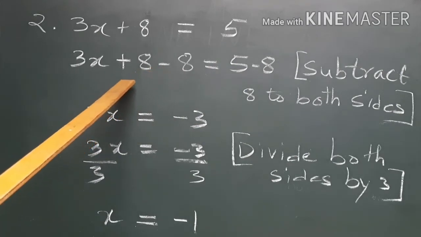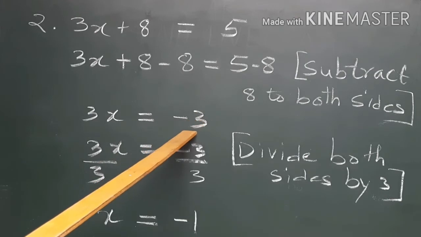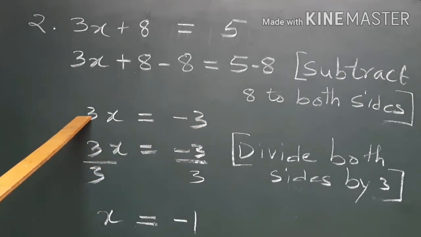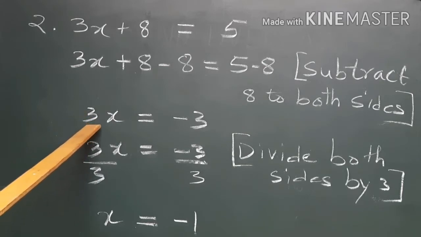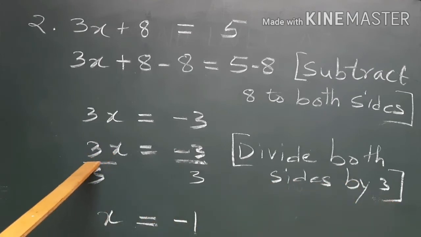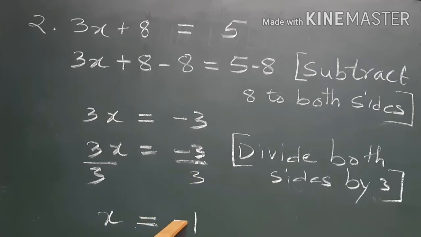Now on the left hand side we are left with 3x, but on the right hand side we are left with minus 3. Now we have to remove this 3. In order to remove 3, we have to divide both the sides by 3. So we are left with x is equal to minus 1.